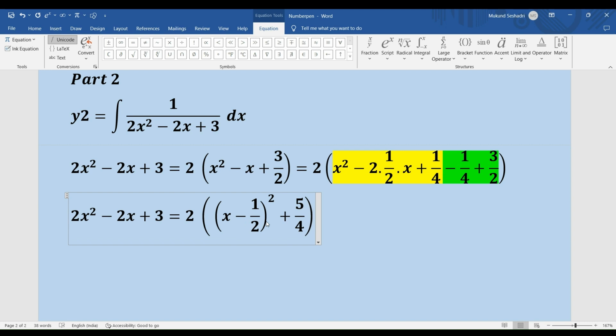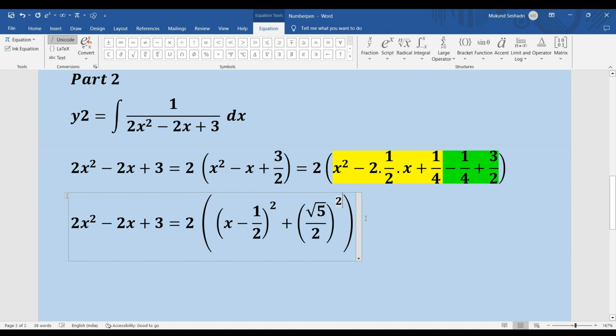And if I were to draw a parallel to x plus or minus a the whole square plus or minus b square, then my b square equals 5 by 4, which means my b equals root of 5 by 2, right? So the quadratic expression becomes 2 times x minus half the whole square plus root 5 by 2 the whole square, right?